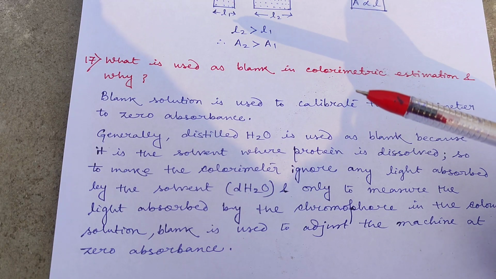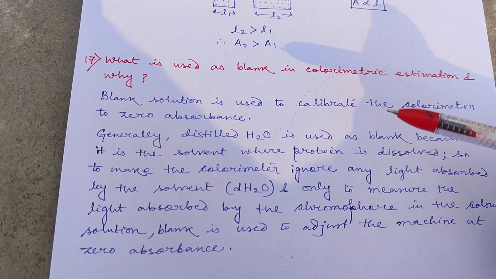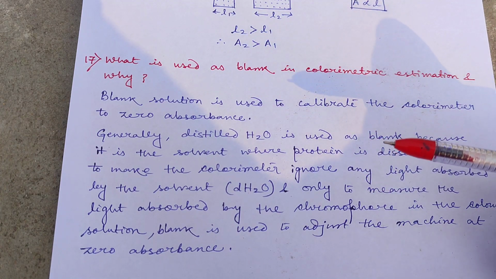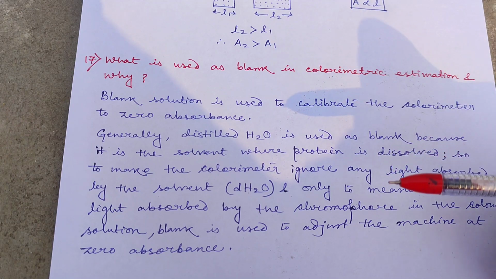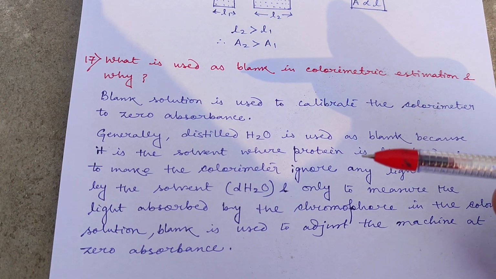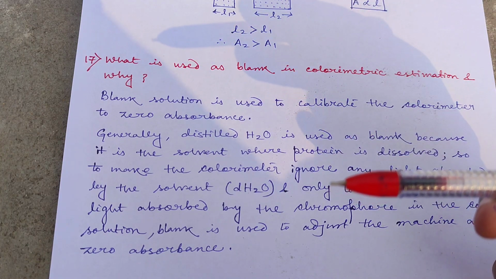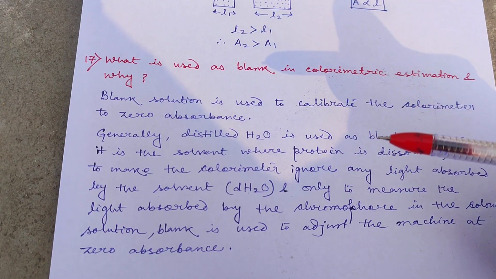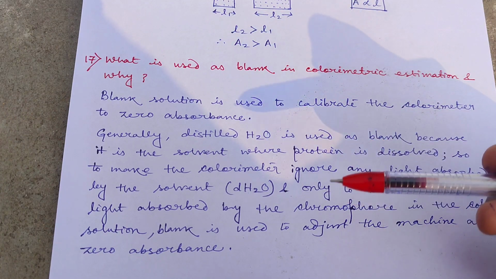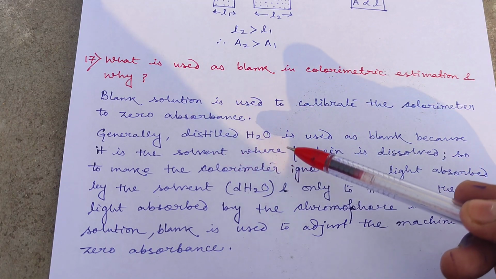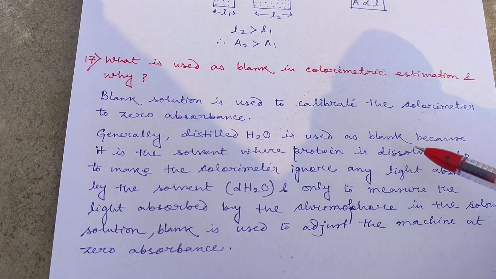Maybe it is transparent, but there are some impurities. So when you are measuring the sample solution, you will also encounter the absorbance by its solvent, that is, the impurities of the distilled water. To negate that, first of all we set only the distilled water as blank and its absorbance as 0. So distilled water is used as blank because it is the solvent where protein is dissolved.